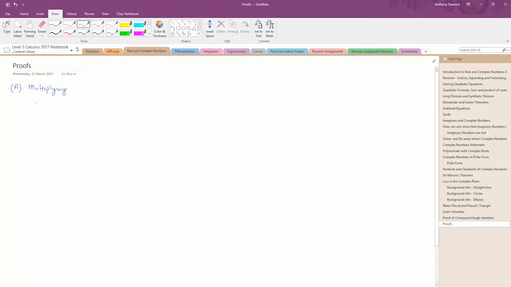Let's take a complex number, call it Z, and say we've got r1 cis A. A reminder that in polar form, r1 is called the modulus, and this angle A is called the argument.